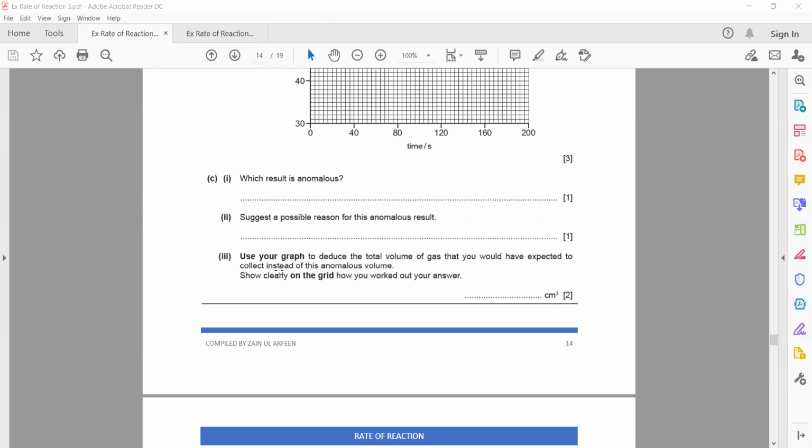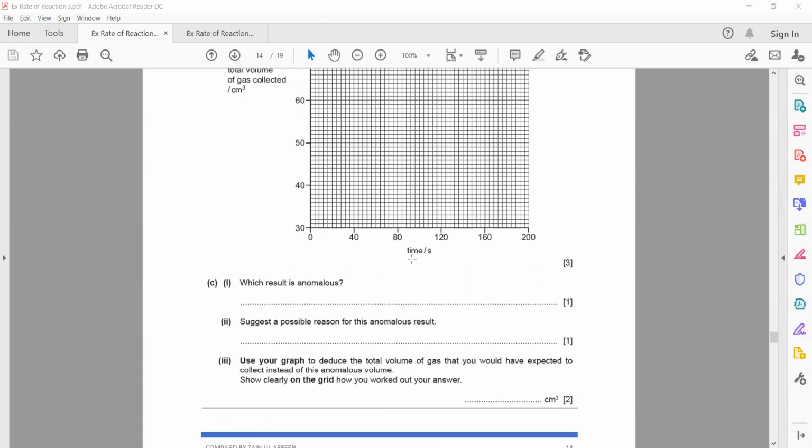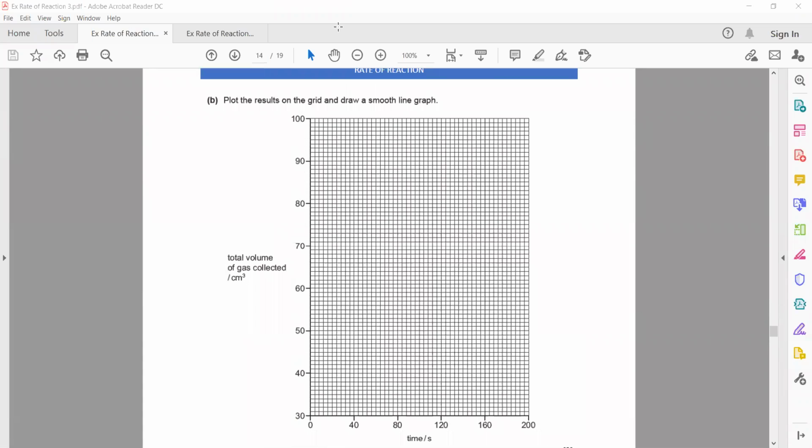Four C, use your graph, deduce the total volume of gas that you would have expected to collect instead of the anomalous volume. So how will you work this out? These are example results.